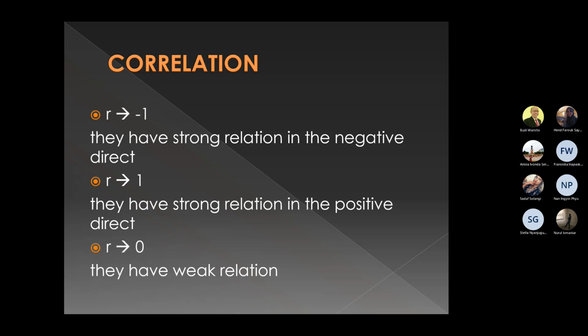And then when R is close to 0, the two variables have a weak relation. Okay, do you understand? Yes. Okay. So the value of the correlation coefficient R is between -1 and 1.